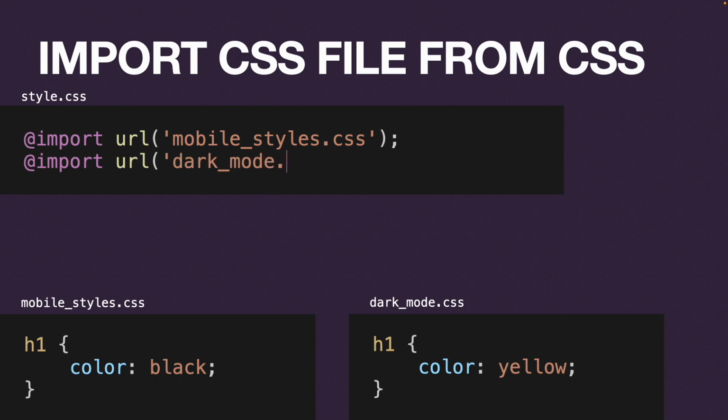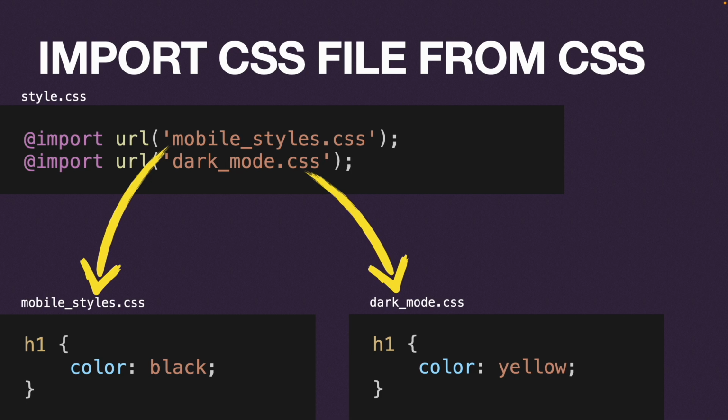Now, when you have a CSS file, you can actually import more CSS files from that CSS file. You can use the @import function and then add a URL to it. And that way you can import more CSS files. The benefit of doing that is that your HTML author will only have to import one document, and then you, the designer, can figure out what documents you need to actually work with.